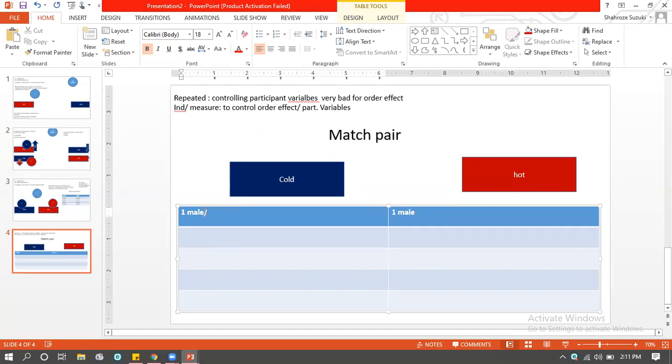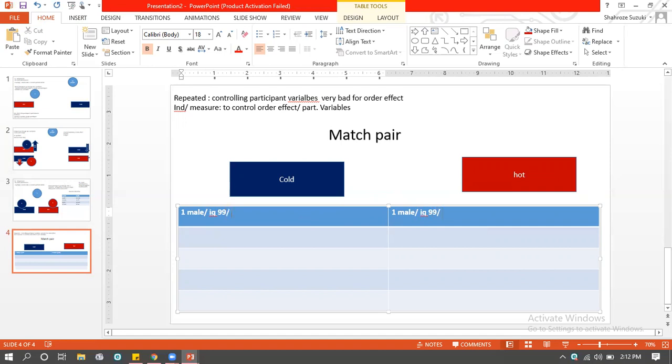Next, participant number 1, who is a male, has an IQ of 99. We need participant number 1 in the hot condition to be a male, but also as smart as participant number 1 in the cold condition, so the same IQ. Maybe his age may also be a factor.